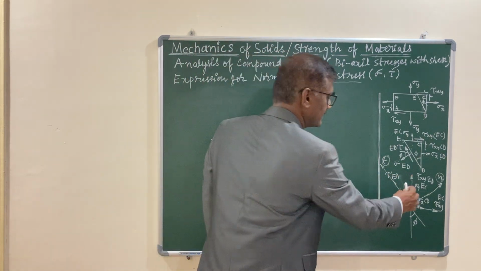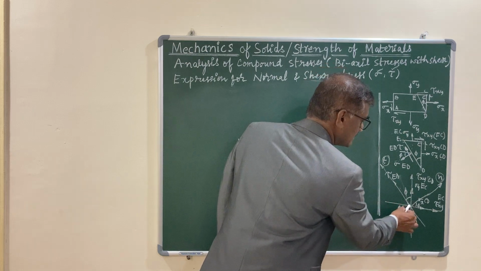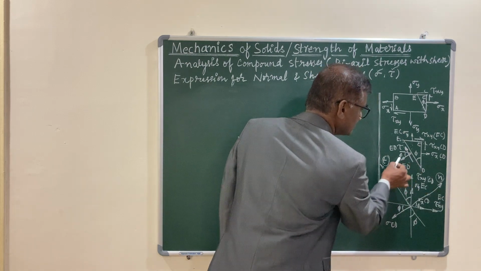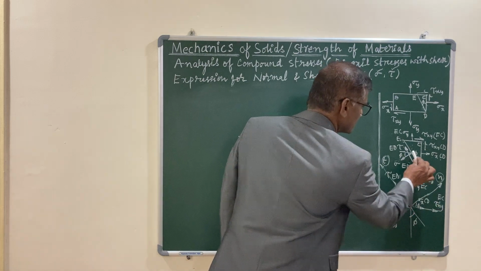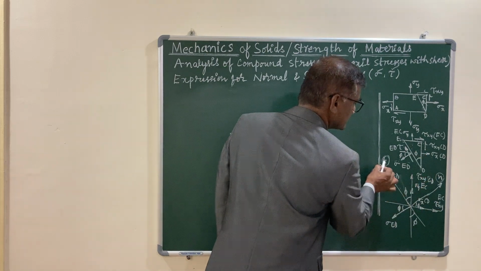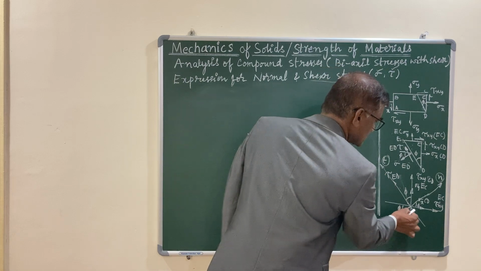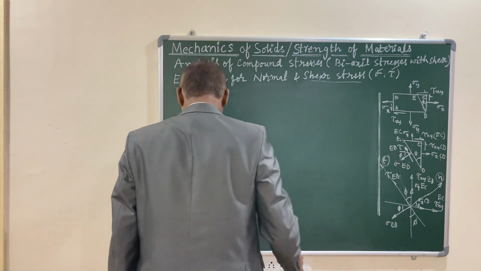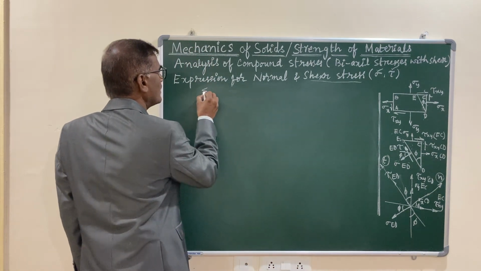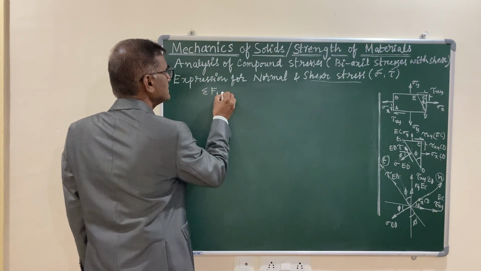Now, this is your normal direction along this normal stress, and perpendicular to it, along this ED, your tangential direction. I would like to write the sum of the forces along the tangential direction T. So let us see, it is sigma Ft is equal to 0.